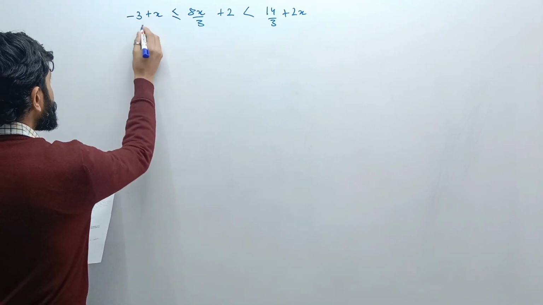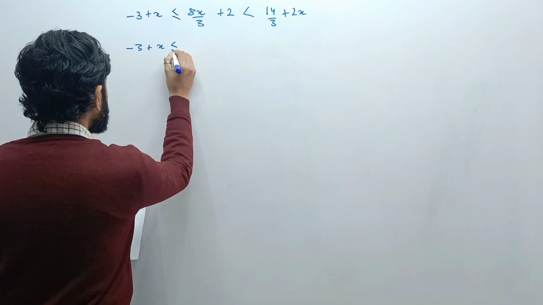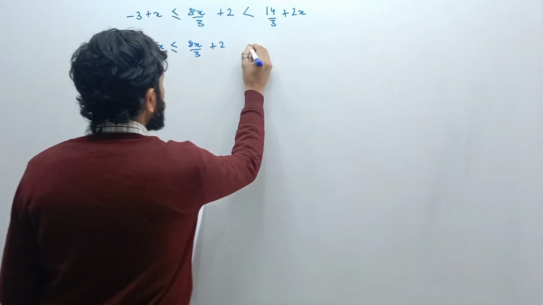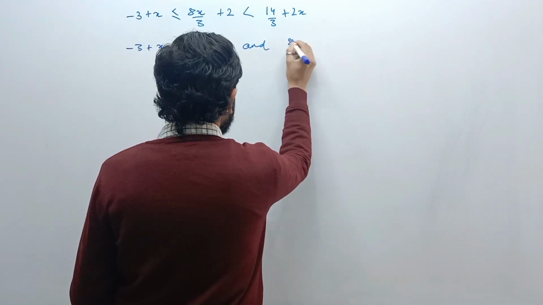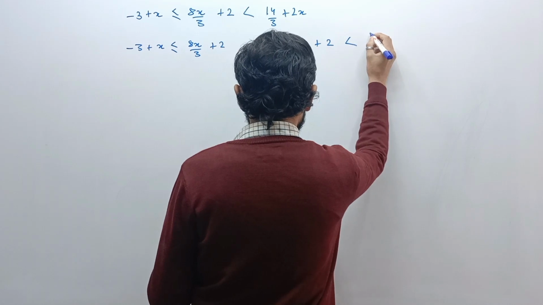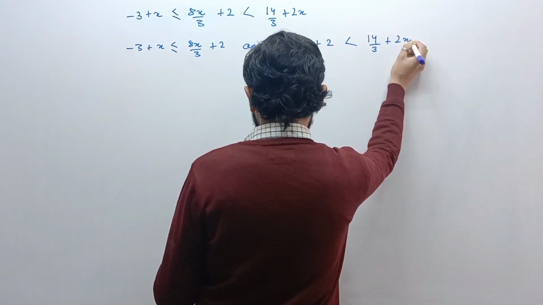We can write this as minus 3 plus x is less than or equal to 8x upon 3 plus 2, and 8x upon 3 plus 2 is less than 14 upon 3 plus 2x.